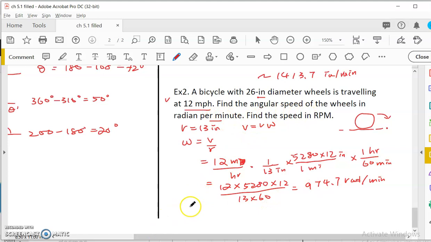Now find the speed in RPM. RPM would be how many 2 pi it is, because 1 revolution is 2 pi. So 974.7 divided by 2 pi would be 155 RPM, rounded, which is a more common way of saying angular speed. So that's all for 5.1.